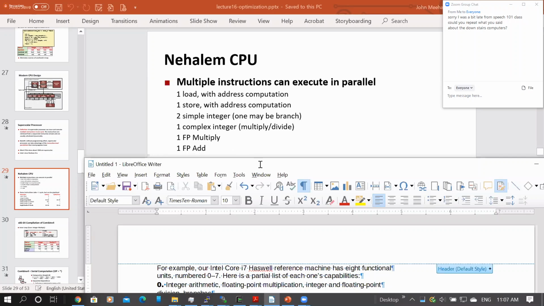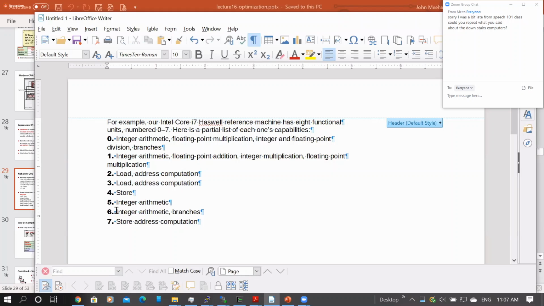In the Haswell, it's a little different. You've got 8 functional units, and these ones at the bottom just have one specific dedicated thing that they're capable of doing. But the 2 at the top are capable of doing different things depending upon what you ask it to do. So it can either do integer arithmetic or floating point multiplication or any of this other stuff, but it can only do one of those at a time in that functional unit.